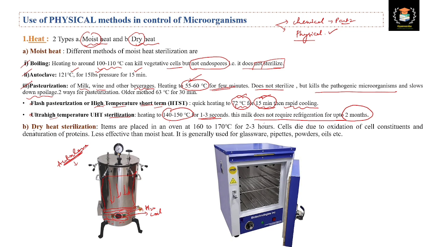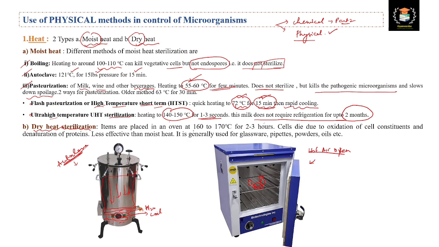Next, dry heat sterilization. There is no water used over here. This is generally done using a hot air oven. In this, items are placed here: your flasks, your plates, whatever it is, you keep it over here.